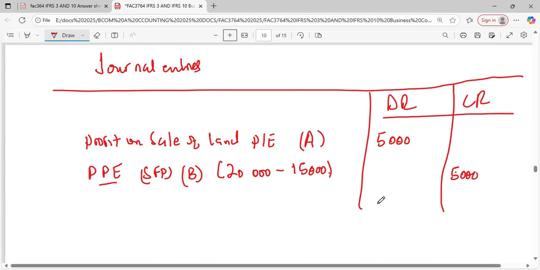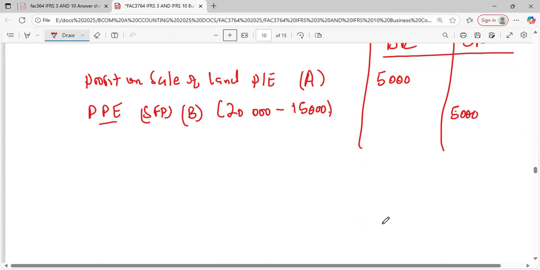And for the third level, every time you eliminate your profit, you must always know that you are going to eliminate the tax. So which means we are going to affect the tax.